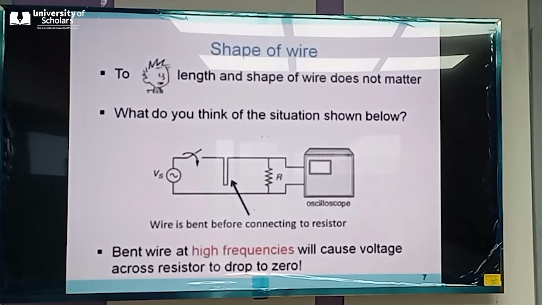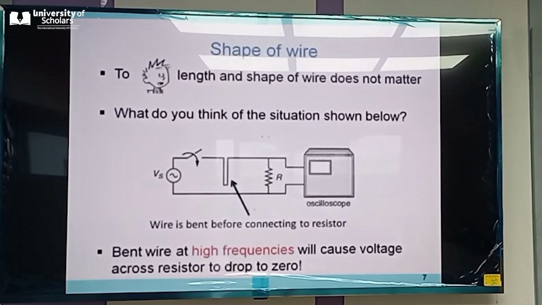However, as you start increasing the frequency of the source, it turns out that at significantly high frequencies, the wire will actually cause the voltage across the resistor to drop to zero.